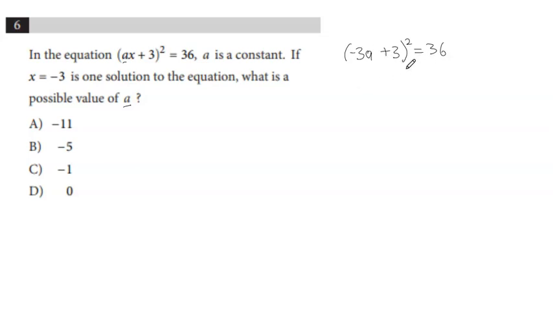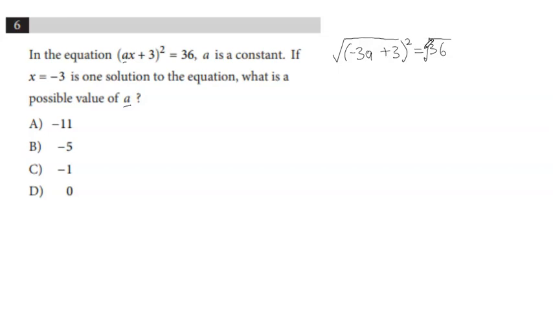And to get rid of the square sign, we need to find the square root of both sides of the equation. So we have the square root of this and then the square root of that, right?